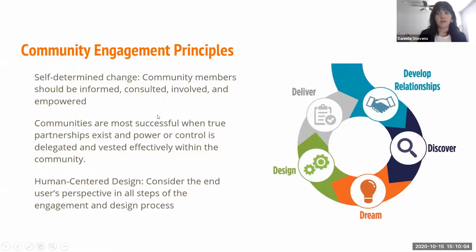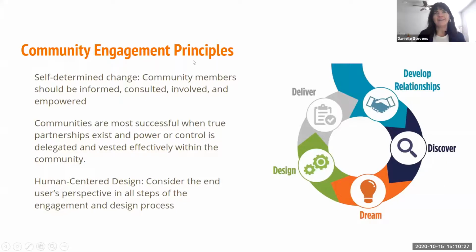So there are various principles for community engagement, and when we consider the community engagement process or the project design process or strategic planning process, there are some phases that we all generally go through as we work through these processes. And the first phase is really to develop relationships.